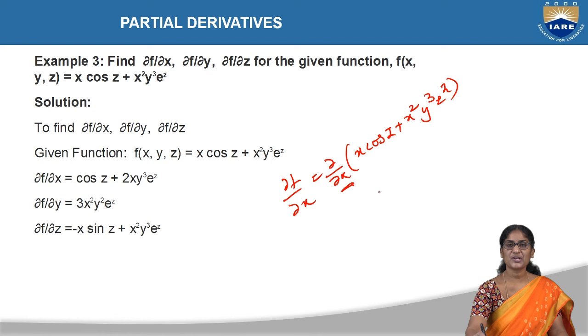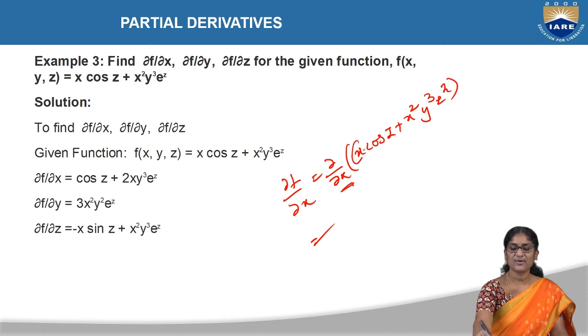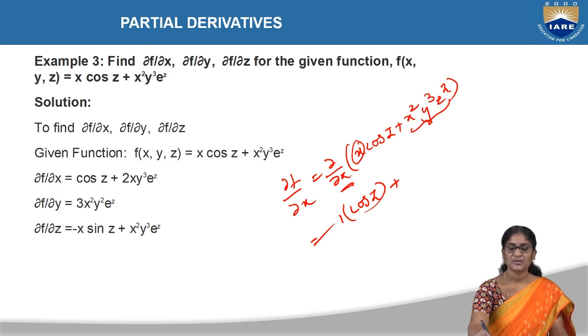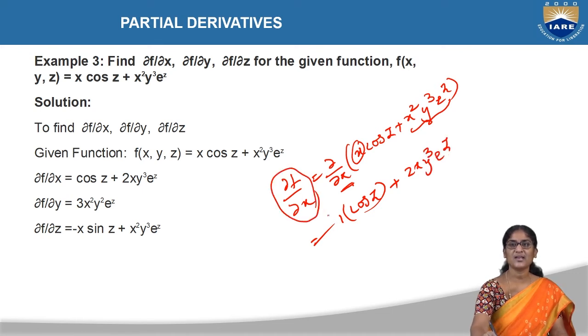So when you are differentiating with respect to x, obviously y and z both act like constants. So the derivative of x is 1, and cos z acts like a constant here, so we write cos z. The second term consists of three variables: x square, y cube and e power z. So the derivative of x square gives 2x y cube e power z. So this is the first partial derivative for the given question.